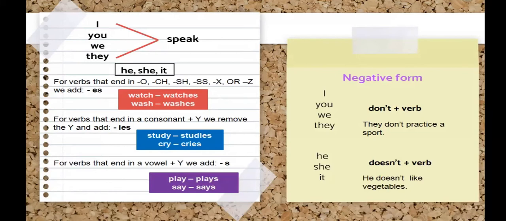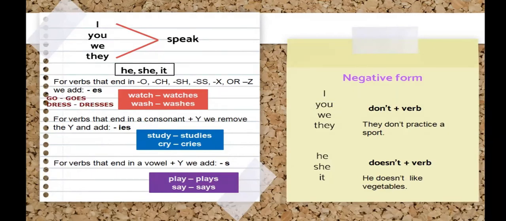If the verb ends in O, for example, go, you have the verb go. Here you don't only add the letter S. It's no goes. That's not the form. You add the letter E, goes, okay?